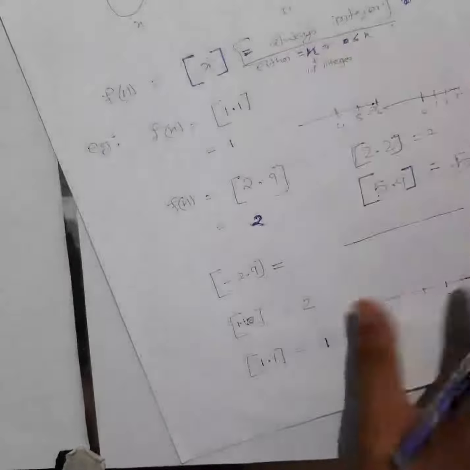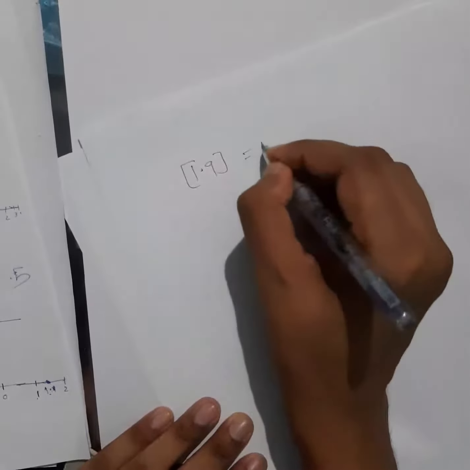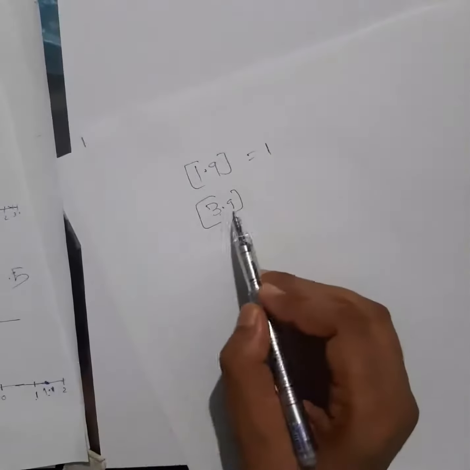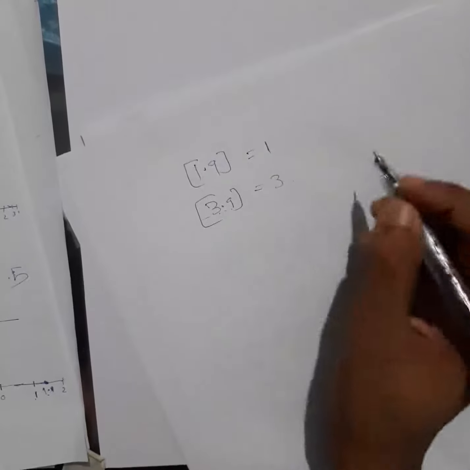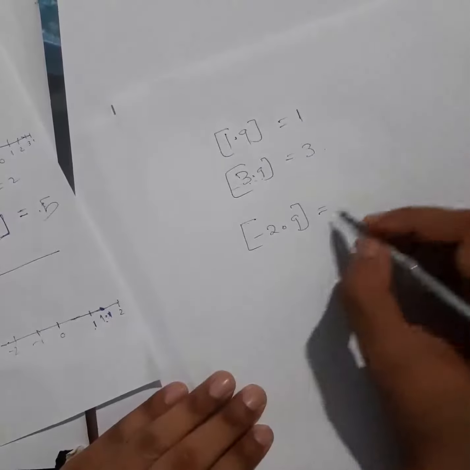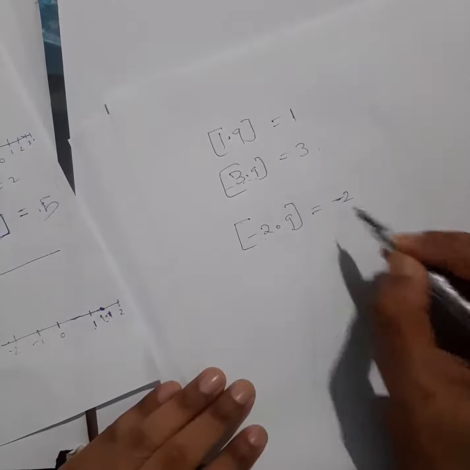What is the output of 1.1? If I say 1.9, what is the output? You will easily say 1. 3.9, what is the output? You will easily say on the left of this what it will be, 3, right? Now when it is negative, things become a little complicated. Some students used to make mistakes there. What is the output of this one? Some students used to write directly minus 2.